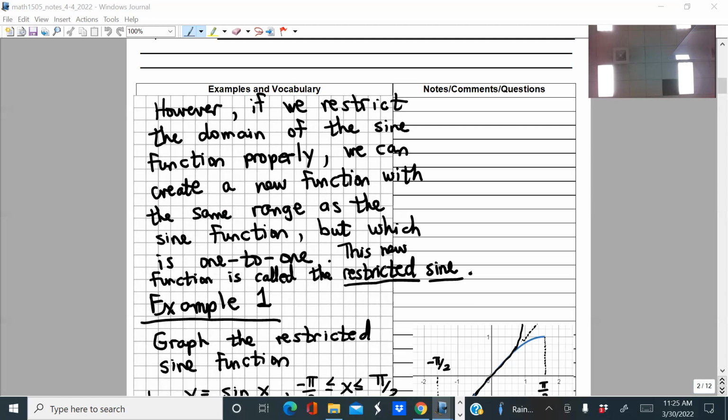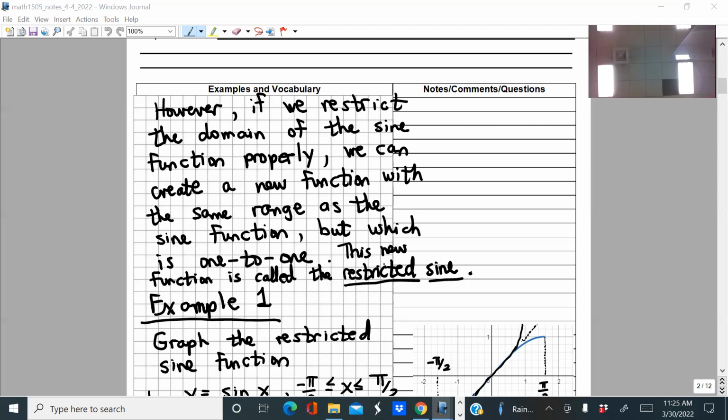Now, it used to be in books that the restricted sine function was given a different name, so that you could distinguish it from the original sine function. But that practice has kind of stopped. So you have to get accustomed to knowing from context whether you're working with the original sine function or with the restricted sine function.